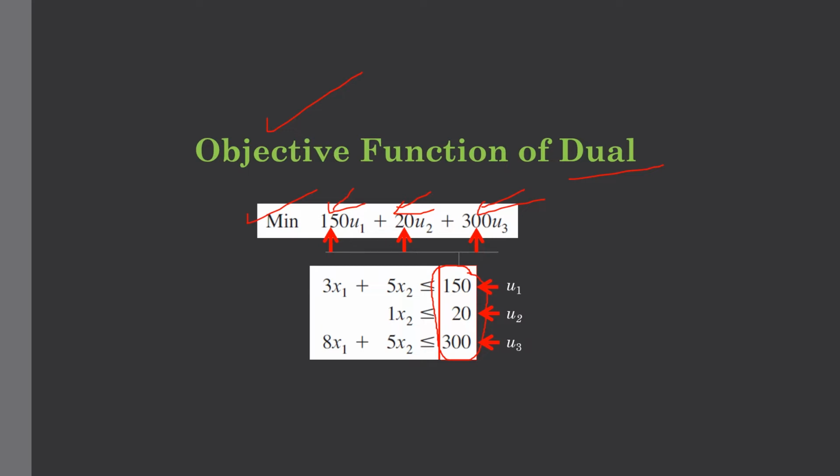So 150 is the right hand side of the first constraint in the primal. 150 will become the coefficient of the first variable in the objective function of the dual problem. Similarly, 20 will be the coefficient of the second variable, and 300 is the coefficient of the third variable.